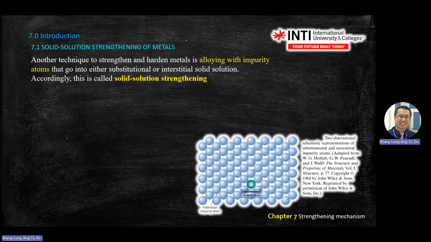Usually they will ask you, using the crystal structure, to find the gap between the spheres, and from there ask you the atomic packing factor for the interstitial impurity question.